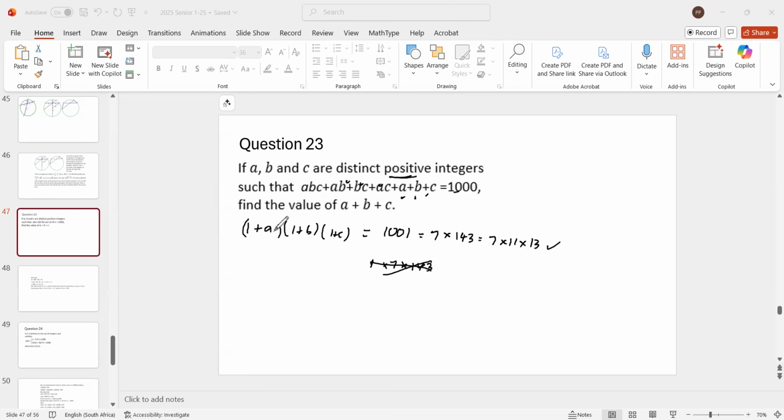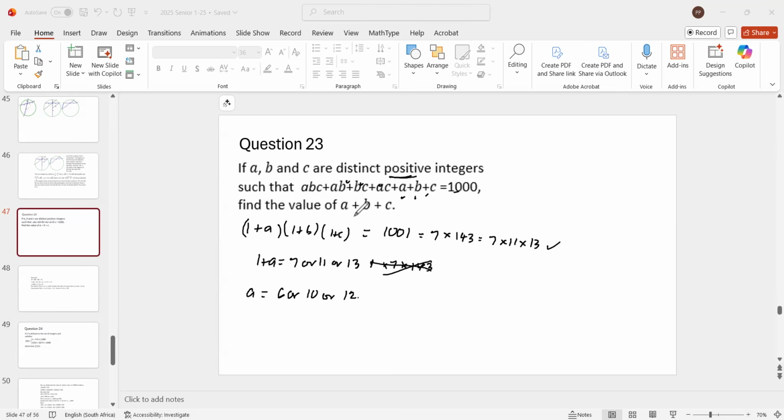But now you'll say, okay, how do I know what A is? You got 1 plus A is equal to 7 or 11 or 13, which means that A is equal to 6 or 10 or 12. See? So which one is it?